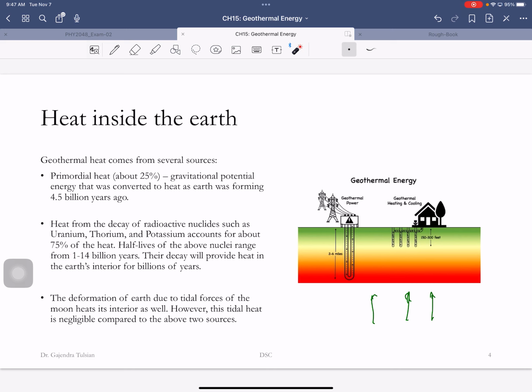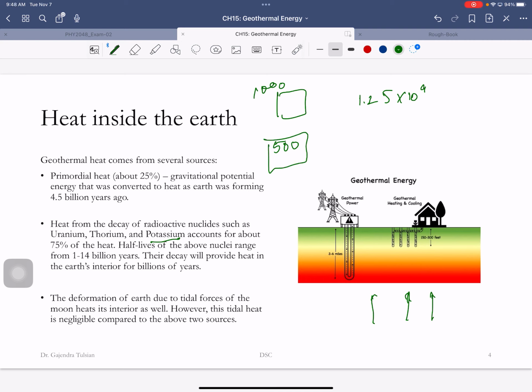Can you remind me what half-life is? If I have 1,000 atoms of potassium, the half-life is 1.25 billion years. In 1.25 billion years, 500 of them would have decayed and half are left behind.